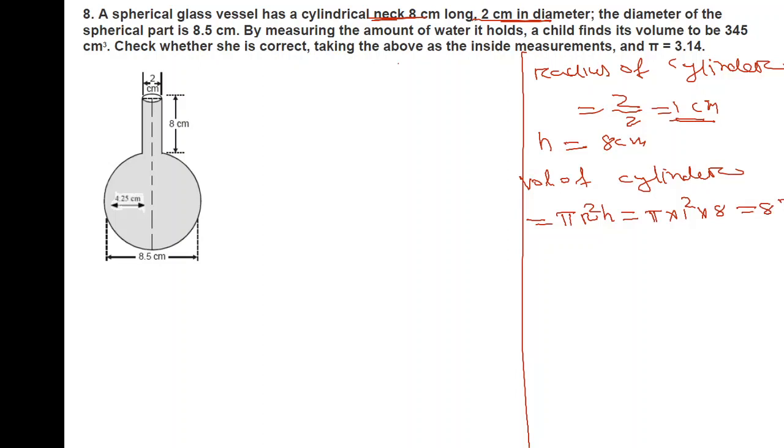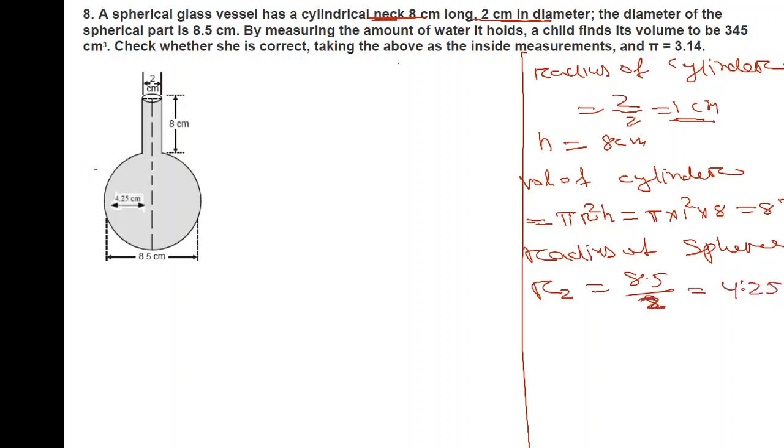Now we move to the sphere part. In this sphere it is given the diameter of the spherical part is 8.5. So diameter is given, we have to find the radius. Radius of sphere R2 you can write equal to 8.5 by 2, as 8.5 is the diameter, which will be equal to 4.25 cm.